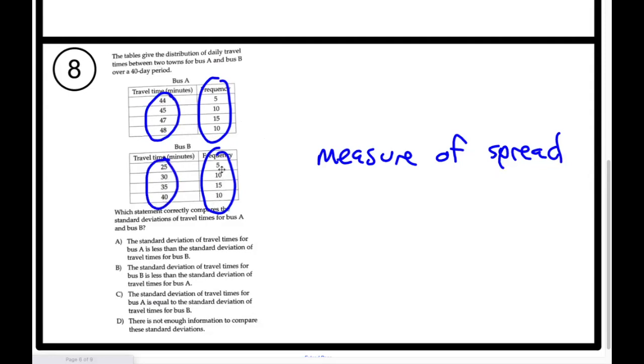So you're going to have the same number of values a certain distance away, but the distances of all the values in B from the middle are going to be way bigger than all the distances from A. Because of that, the standard deviation of B should be much larger, or in letter A here, the standard deviation for A is less than B. You're just looking for which one has data that's more spread out, and that's going to have a larger standard deviation. Going from 25 to 40, as opposed to 44 to 48, is going to give you a larger standard deviation.